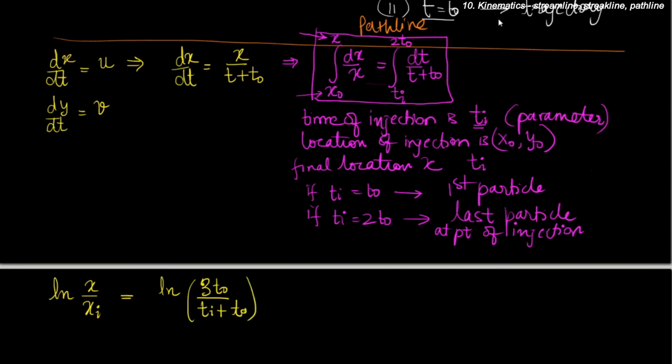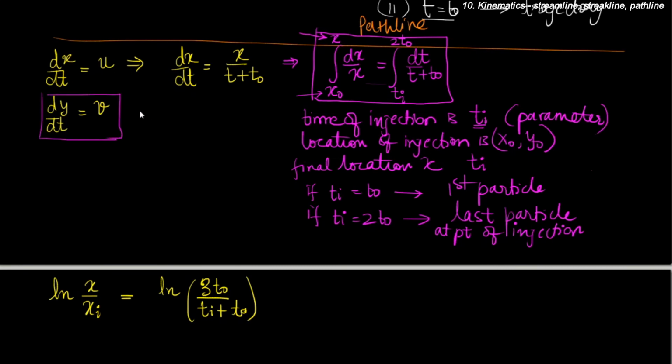Similarly, we can integrate the other equation, because dy/dt is equal to the y component, which is a constant. So integral dy is equal to integral v naught dt, where y varies from y naught to y.